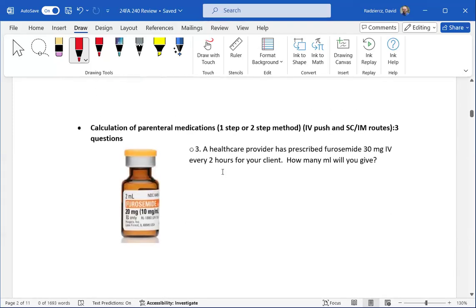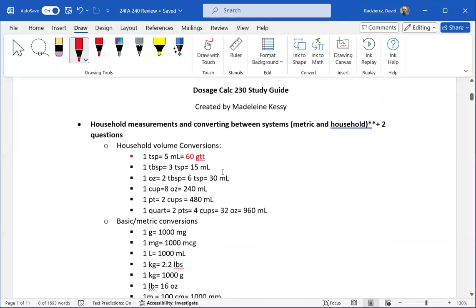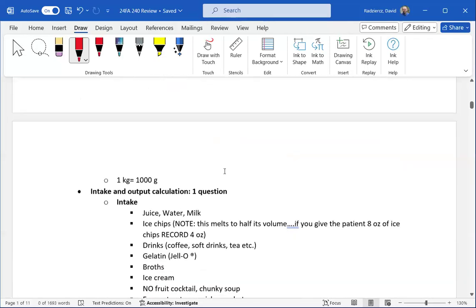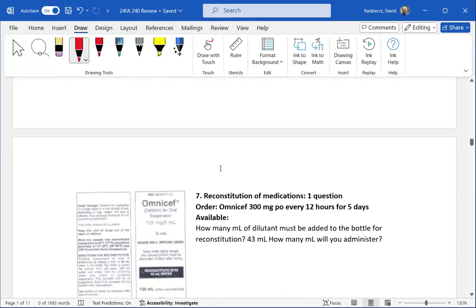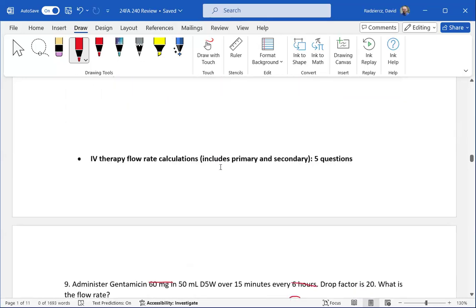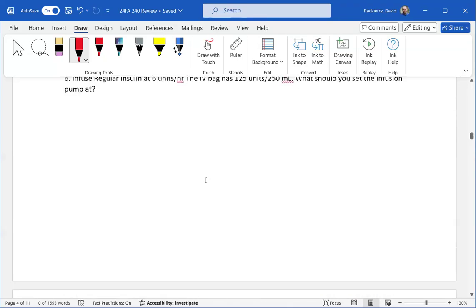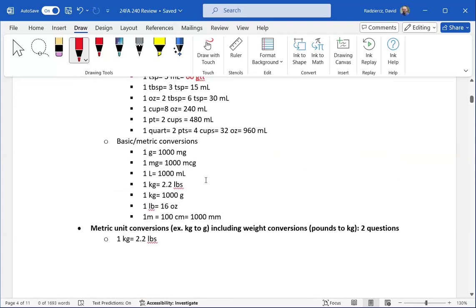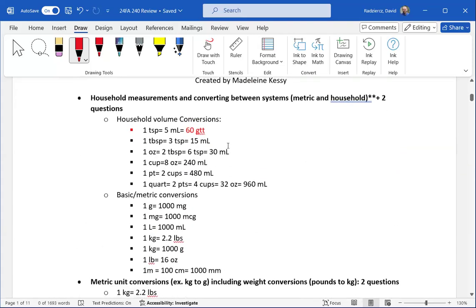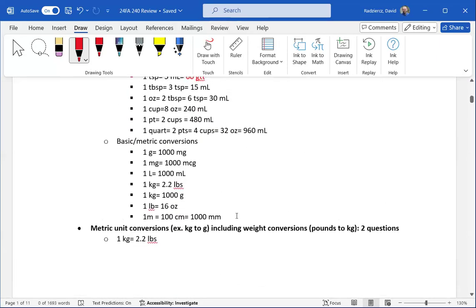Let me just see here. I'm just looking to see where I want to put that in here as a practice question. She kind of skipped those. Okay, let me put this up here. So let's just add it to our household and conversion questions, because it does say we have 2 questions here.